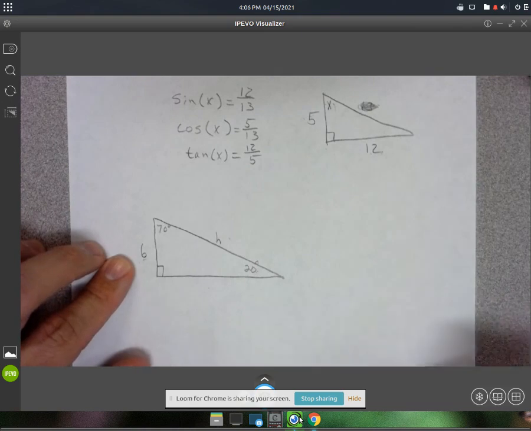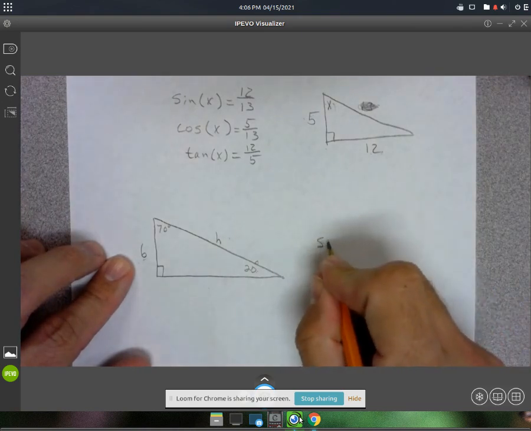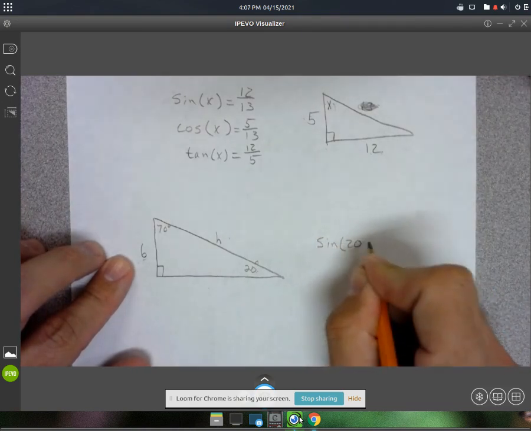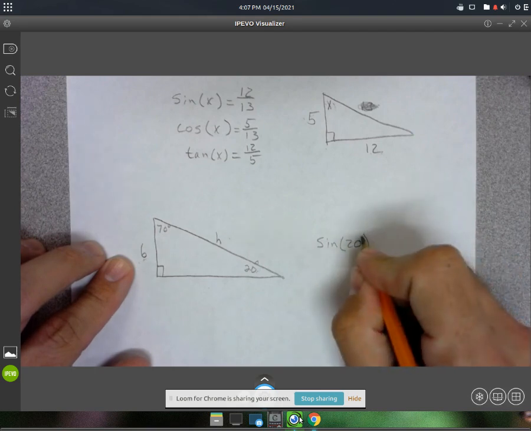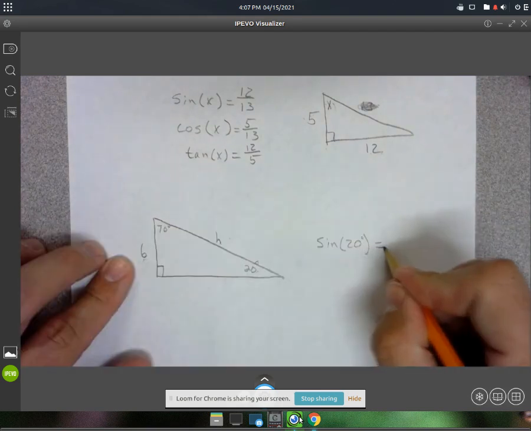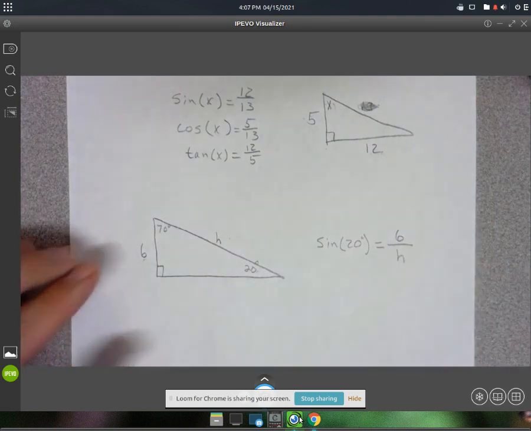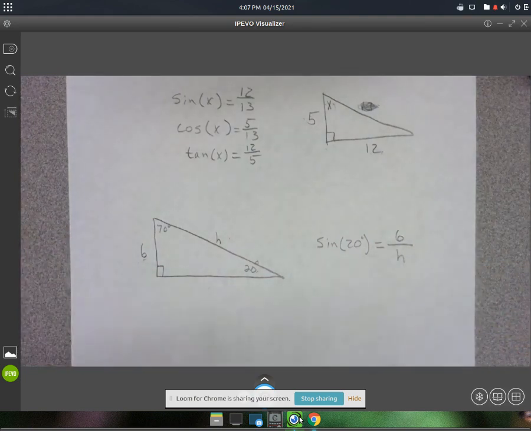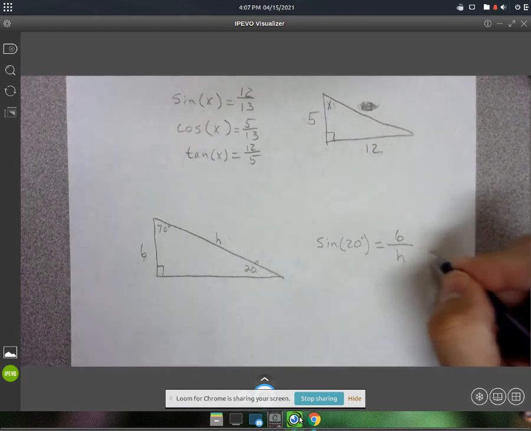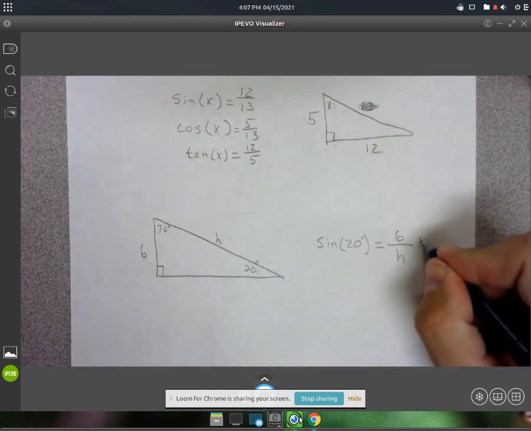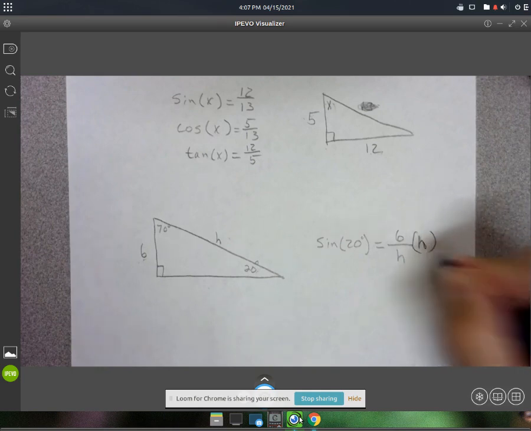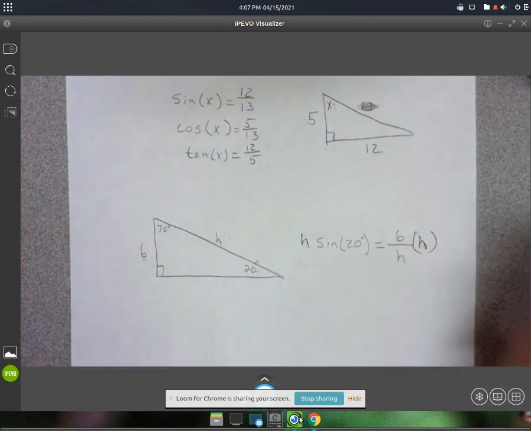The equation I'm going to set up is sine of 20 degrees equals 6 divided by the hypotenuse, 6 over h. If I algebraically manipulate this a little, I'm going to multiply through by h. My h's cancel.